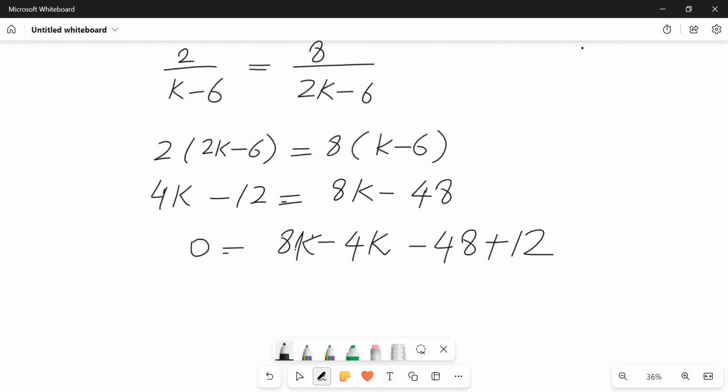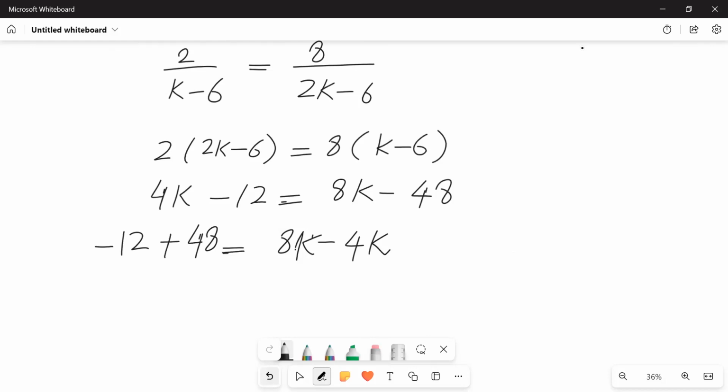Or we can shift the 48 to the other side like this: minus 12 plus 48, constant on the left side and variables on the right side.